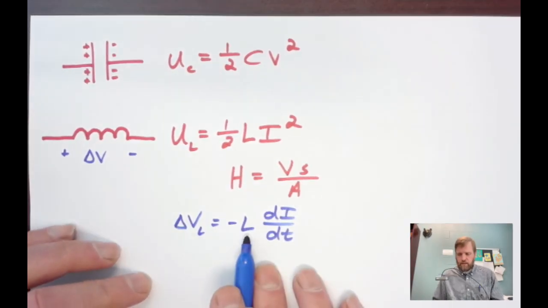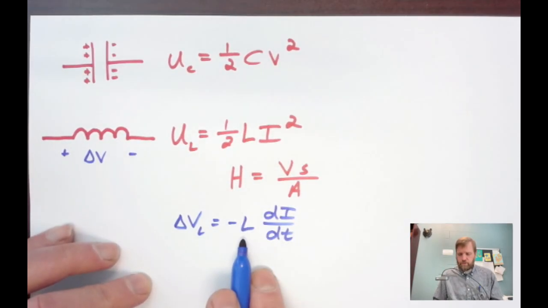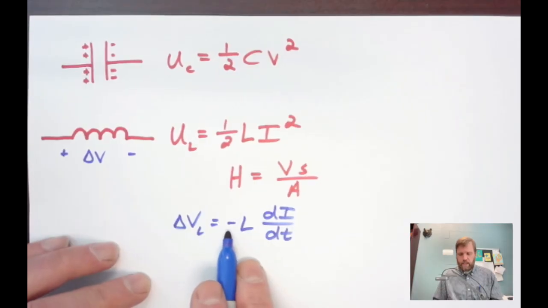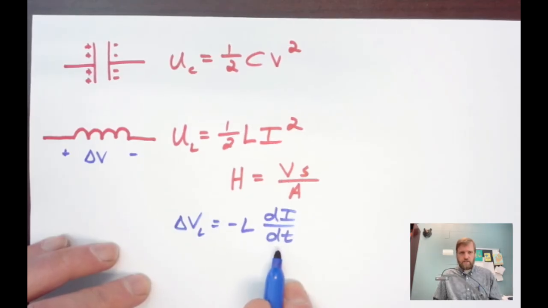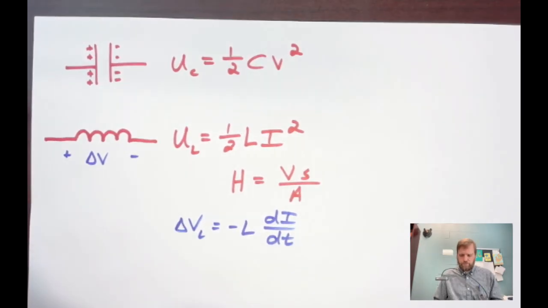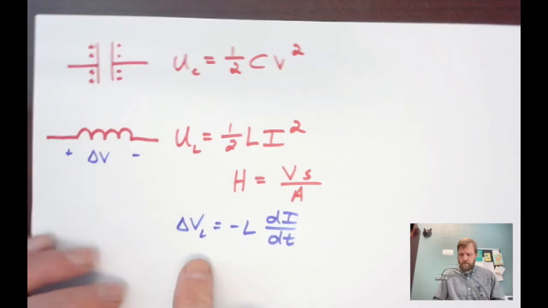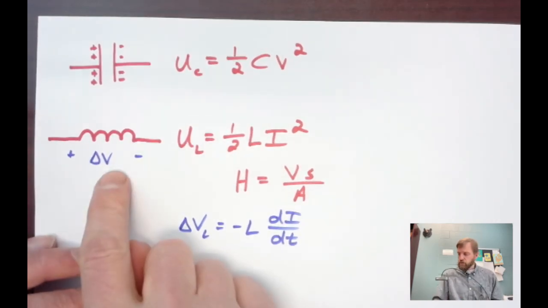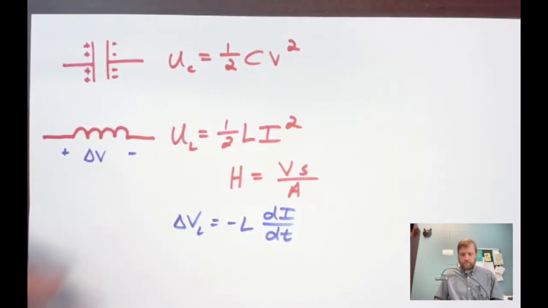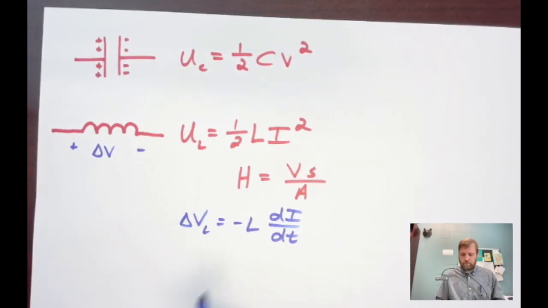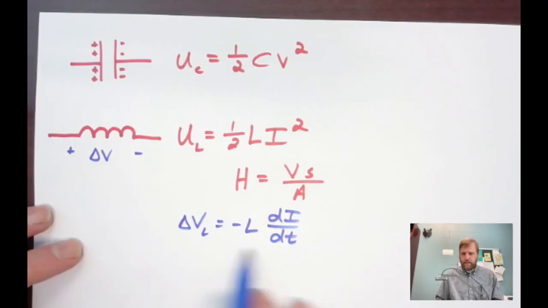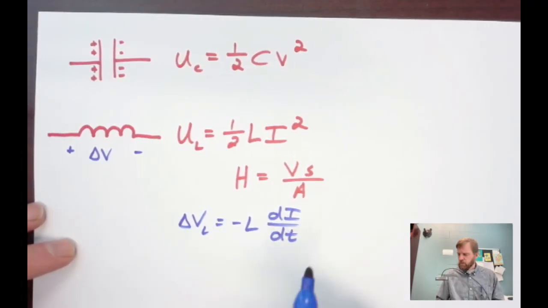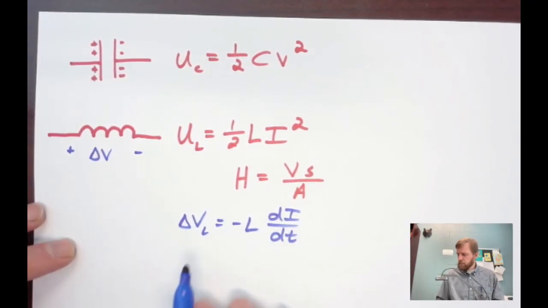The inductance L again is just this henry value, and then again the negative sign just means that the voltage opposes the changing current. All right, and so this is the way that we can use these in circuits, okay, because we can apply Kirchhoff's loop law and use this kind of equation. We'll see a couple of examples of that.